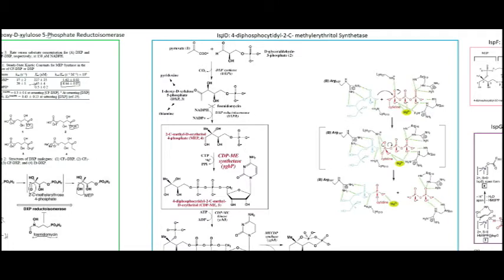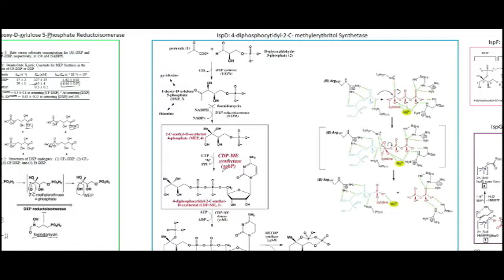This is called IspD. It's called this long thing here. It's sometimes called CDP-ME synthetase. Sometimes it's called YgbP. All of this is one of the things that can really complicate biochemistry, having all these different names for things.